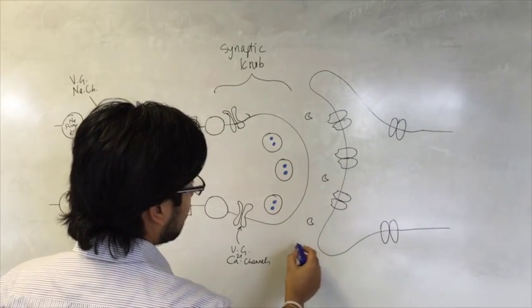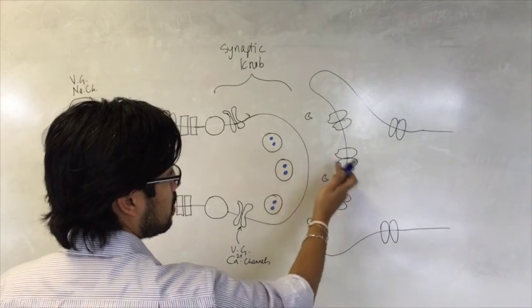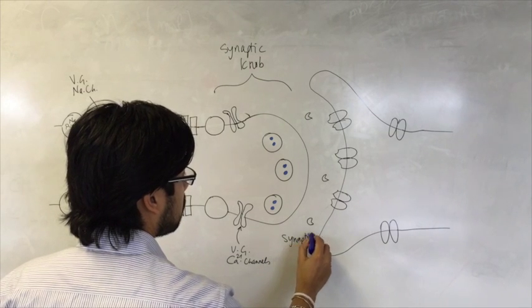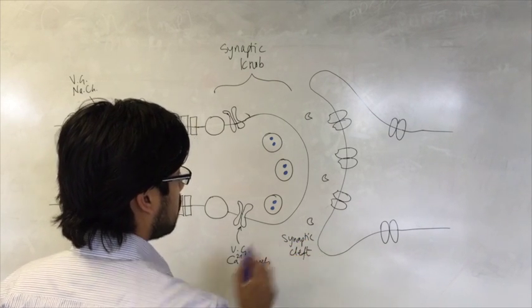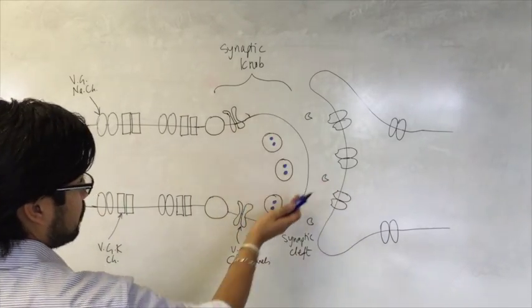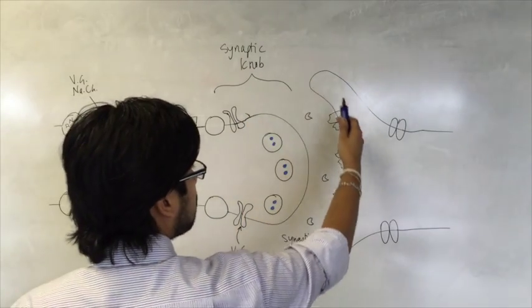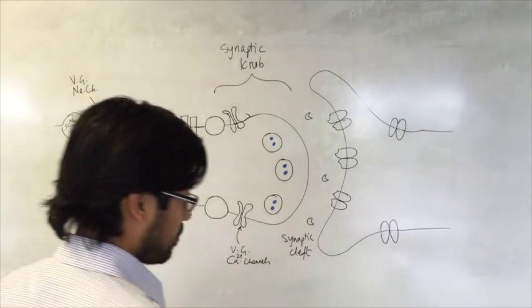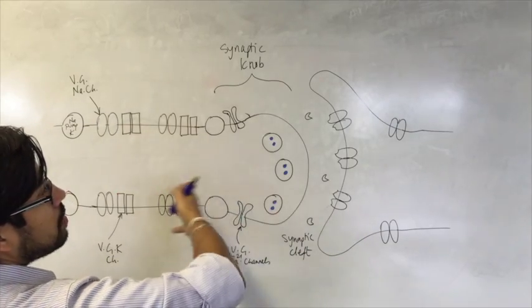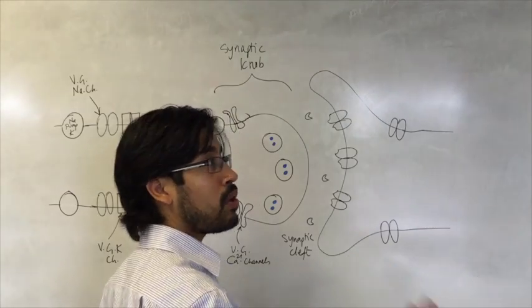This is called the synaptic cleft, the space, the gap between the two neurons. We'll refer to this membrane as the presynaptic membrane. We'll refer to this membrane as the postsynaptic membrane. And this neuron will be the presynaptic neuron. This neuron will be the postsynaptic neuron.